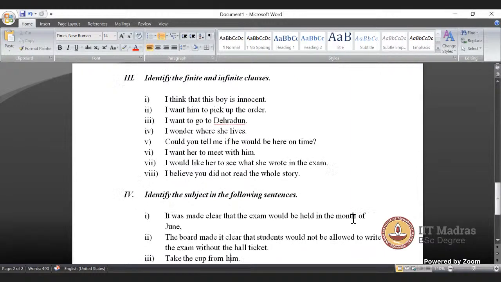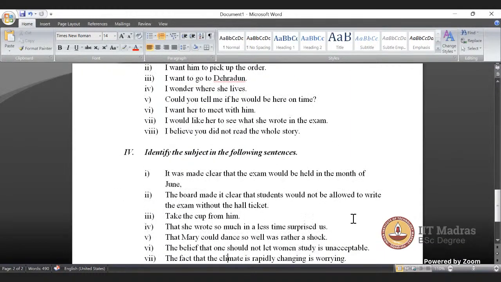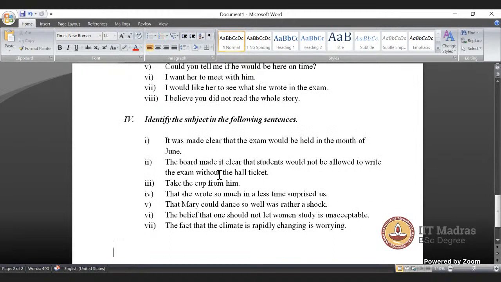Okay, all right. Now, identify the subject in the following sentences. Yes, this is also important. It was made clear that the exam would be held in the month of June. What's the subject? Subject of the sentence.